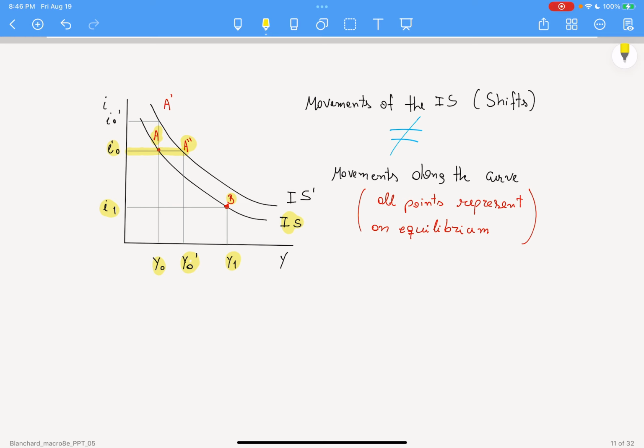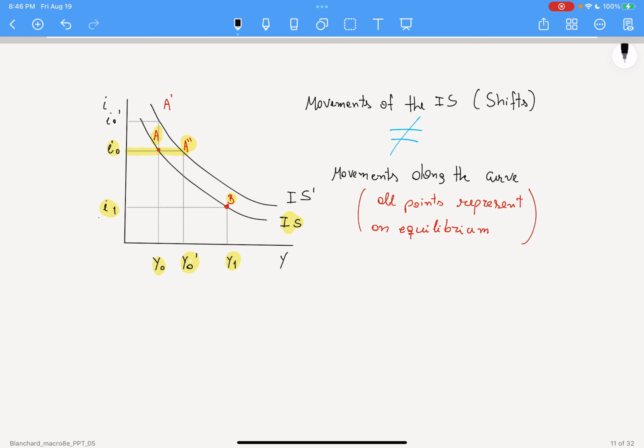So a shift of the curve is keeping one of the variables and showing the other increasing. A movement along the curve keeps one of the variables and changes the other. So this might be confusing, and let me say this more clearly.